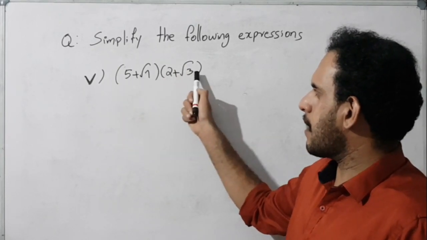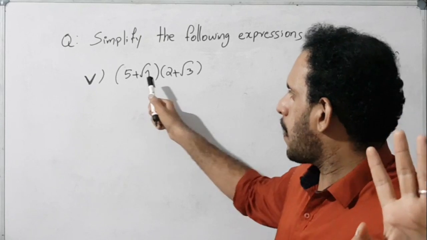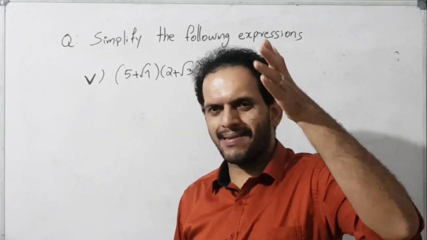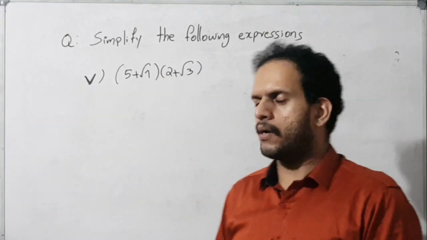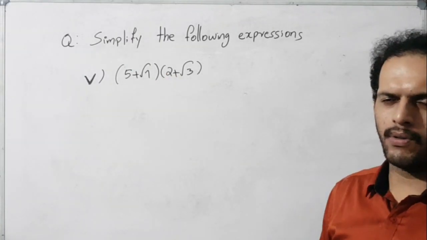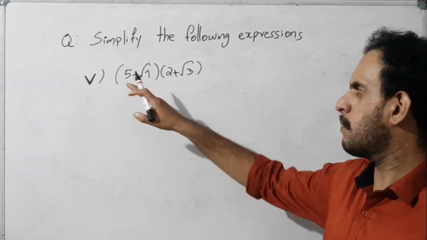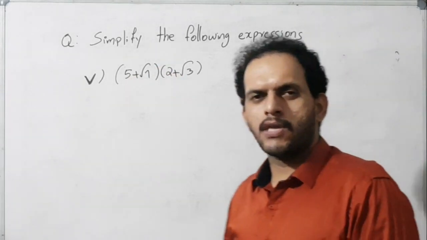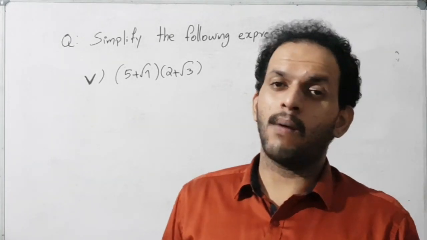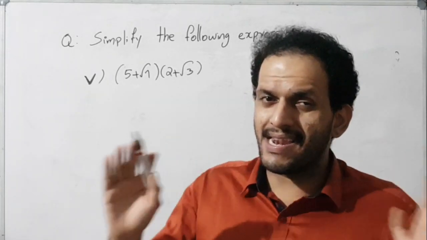If only the second numbers are different, it's possible to apply the fourth identity, that is x plus a into x plus b. But here the first number is also different. Not only the second number, the first number is different too. If the first number was the same and the second number different, we could have applied the fourth identity. So here it is not possible to apply any identity.